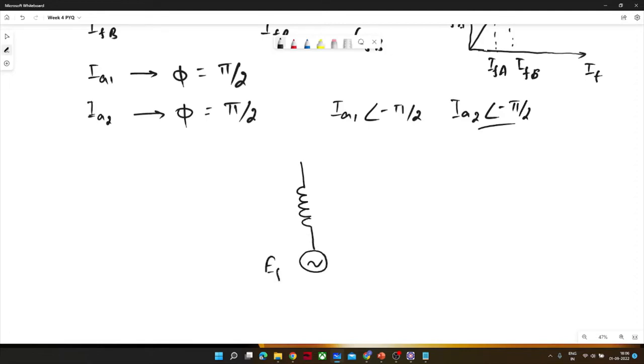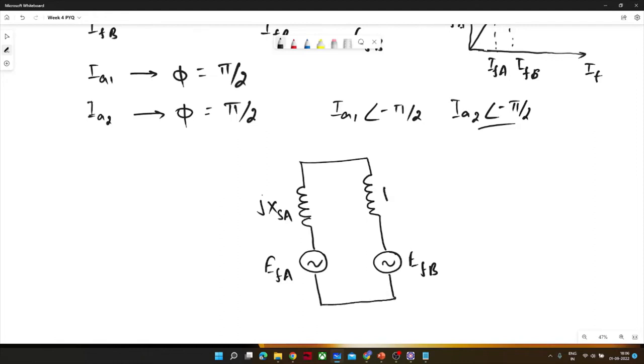So this would be EFA, JXSA, EFB, JXSB, and here the grid is connected.